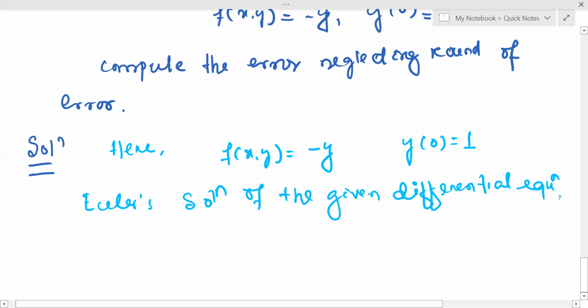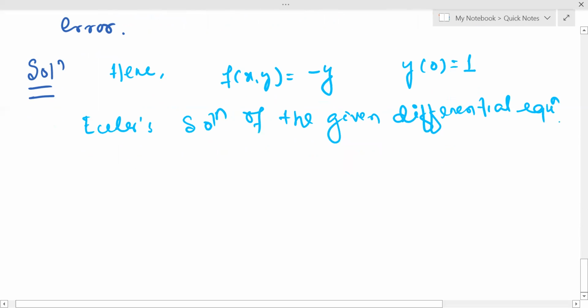So just we can follow the Euler's method. You can just remind what is the Euler's method. Euler's method: yn plus 1 is equal to yn plus h into function of x and yn. And just define here xn is equal to x0 plus nh.